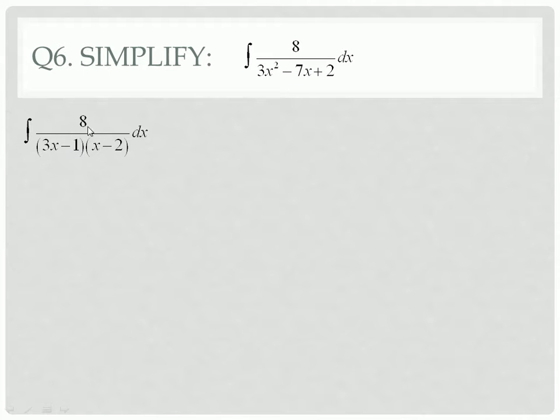Okay, so since I can factor the denominator, that tells me that I can rewrite this fraction as a sum of fractions. And that's the process called partial fraction decomposition.